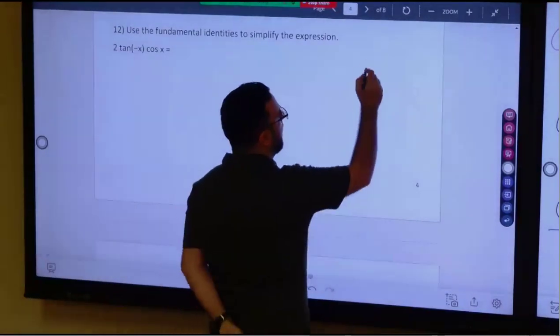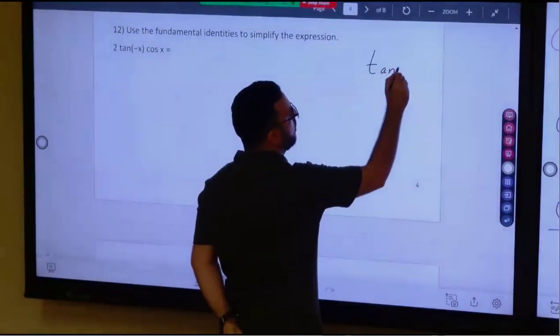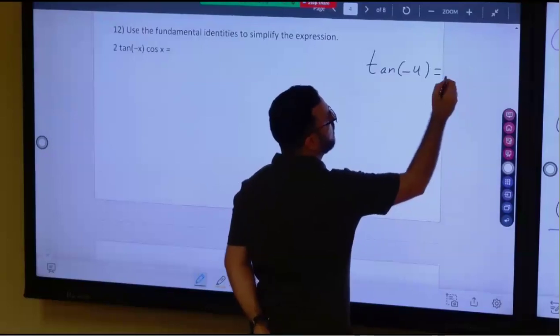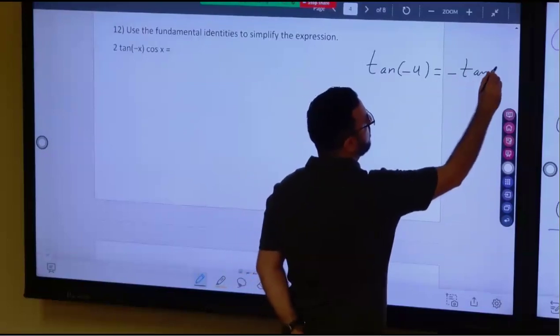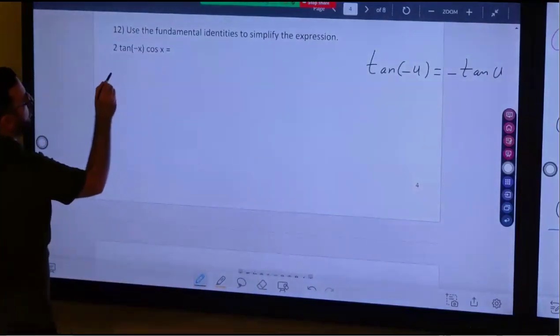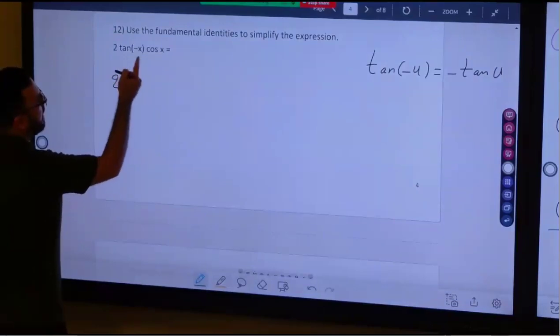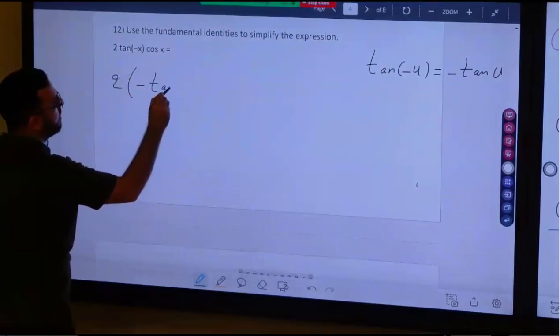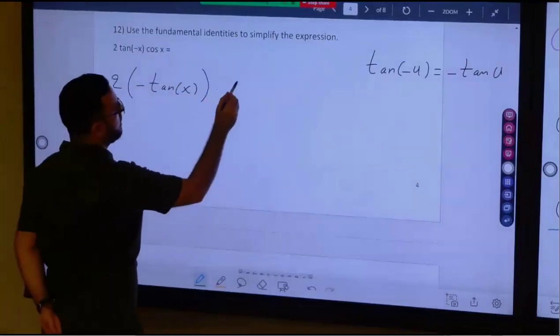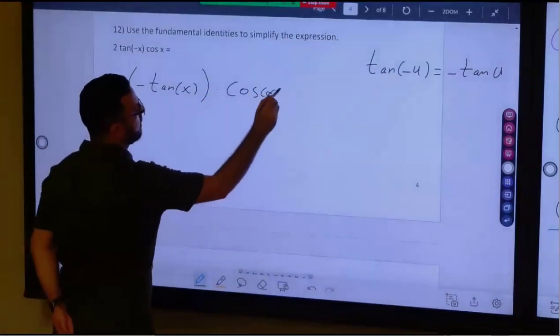I already know that tangent of a negative angle equals negative tangent of the angle. So here's two, this one equals two, the tangent negative x is negative tangent x, yes or no? And here is the cosine x.